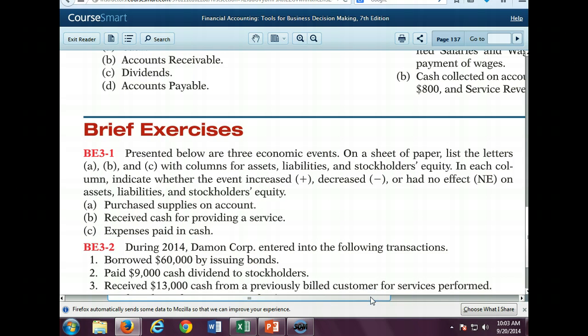Okay? Presented below are 3 economic events. On a sheet of paper, list the letters A, B, and C with columns for assets, liabilities, and stockholders' equity. In each column, indicate whether the event increased or decreased or had no effect on assets, liabilities, and owner's equity.